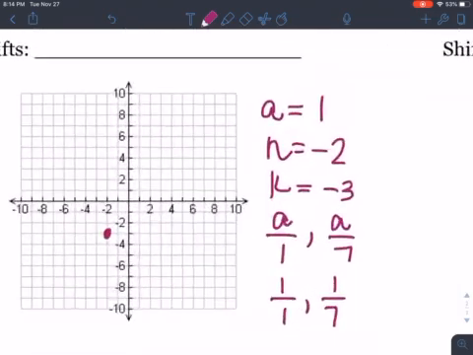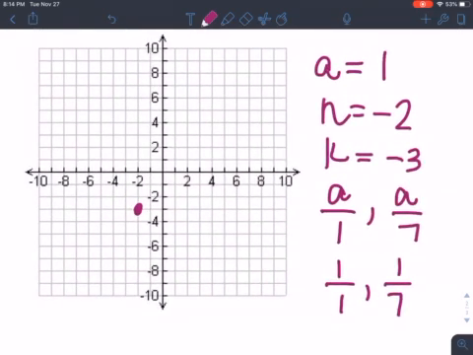You need to go from that point up 1 over 1 to the right, up 1 over 1, 2, 3, 4, 5, 6, 7 to the right, and then down 1 over 1, 2, 3, 4, 5, 6, 7.